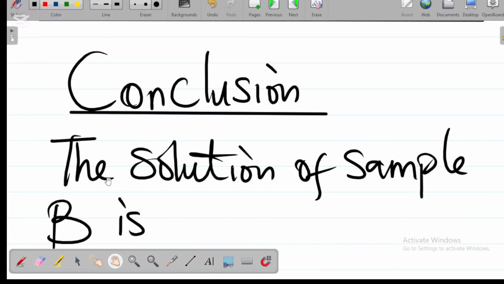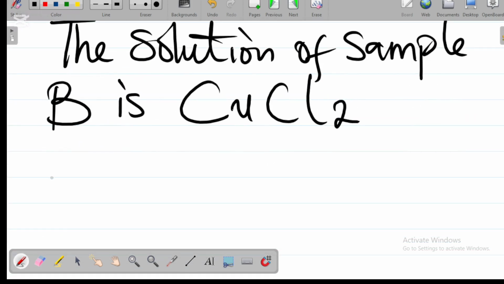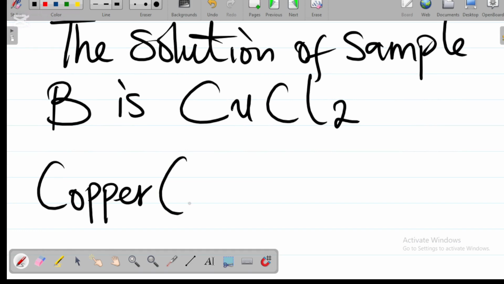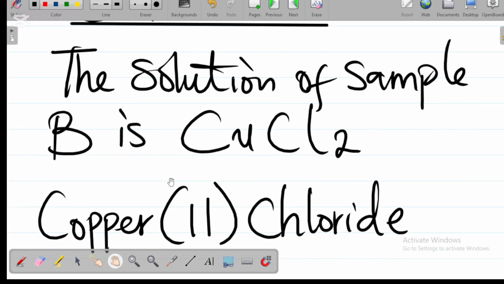The solution of sample B is what? CuCl2, which is copper 2 chloride. It is copper 2 chloride. So this is the solution of sample B.